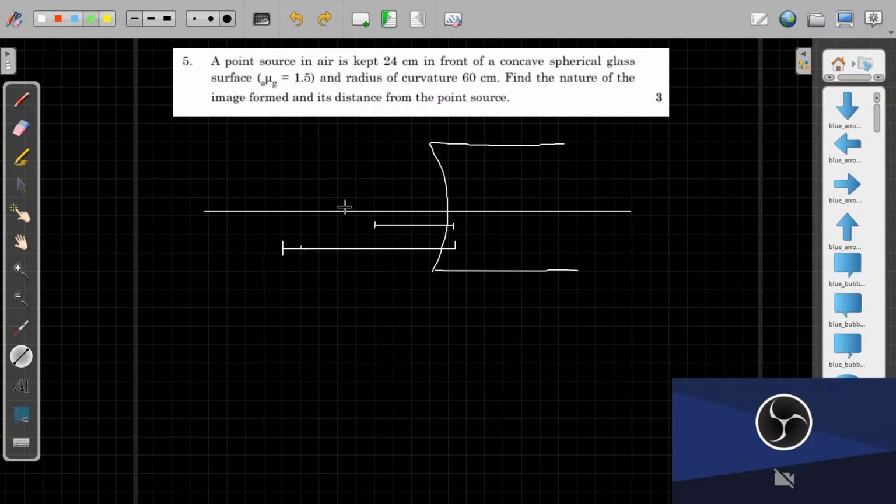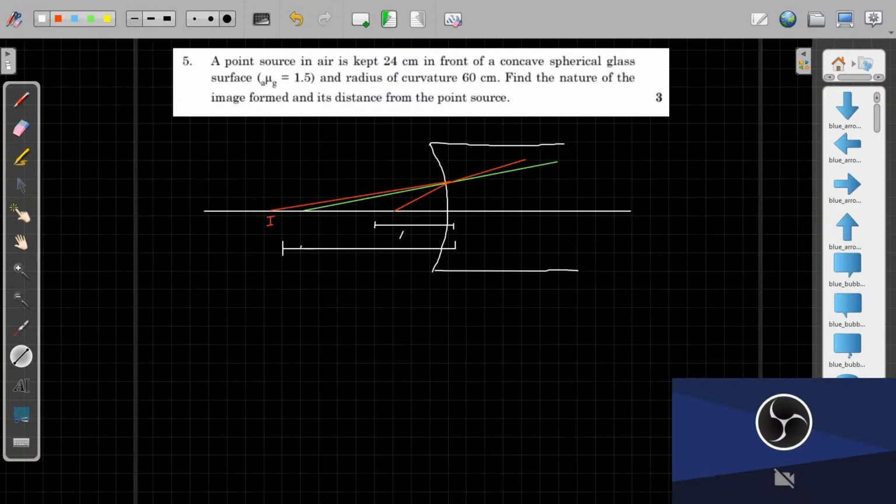Once again, this is the green one, and here is the red one, the 24 centimeter one. You can see it moves away from the normal, so somewhere at the back the final image should be produced.